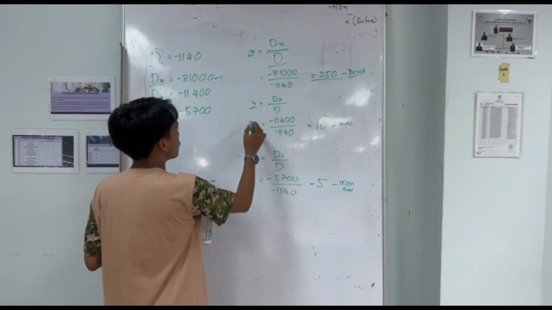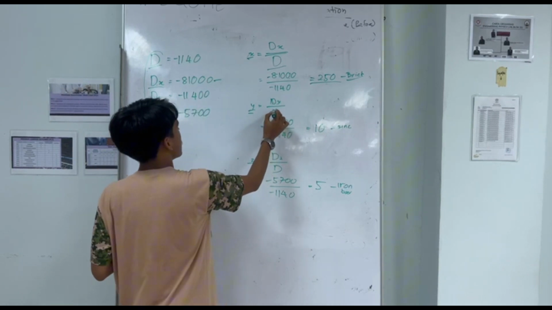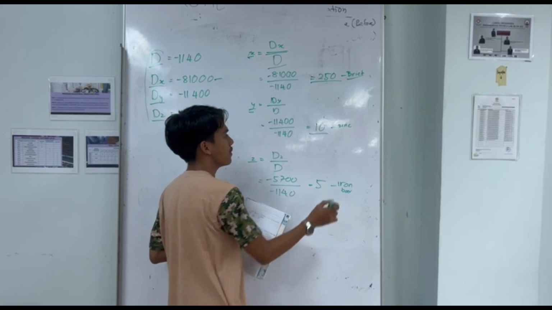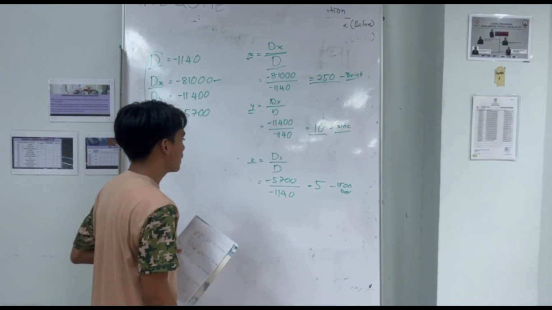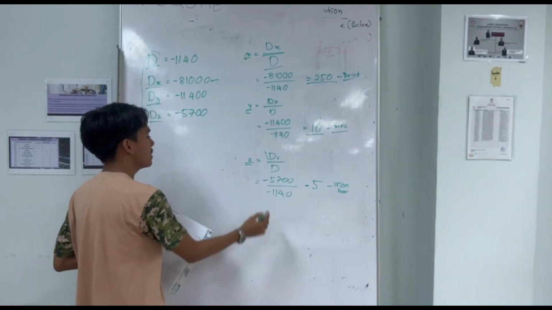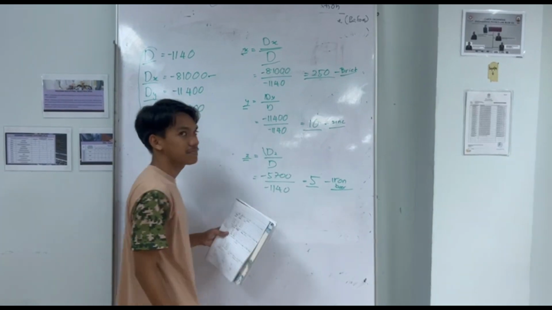Then for y, we divide determinant y by the original determinant. We get 10 ringgit for each zinc. Then for z, we divide determinant z by the original determinant. We get 5 ringgit for each iron bar.